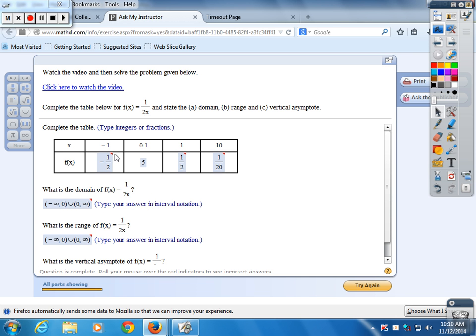That's what they should have said, because they're giving you these and you think, okay, these are the only 4 numbers we're given, so we need to put -1, 0.1, 1, and 10. That's a misleading question, the way the context is. I think they should have put the domain question up here and then said, okay, plug in these numbers and see what you get. But the way it's written, you would think it's just these four.